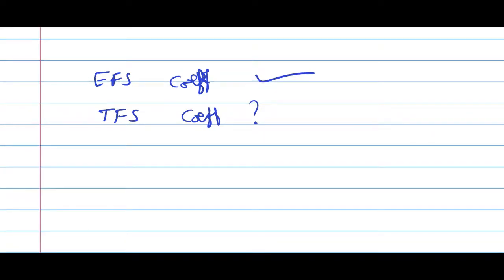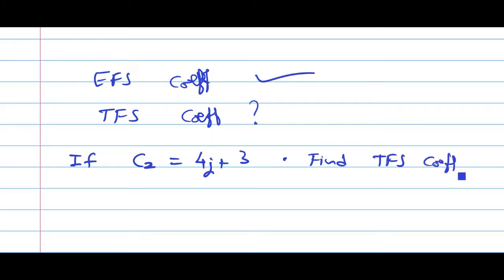Let's look at the question. If C2 equal to 4j plus 3, find the TFS, trigonometric Fourier series coefficients.